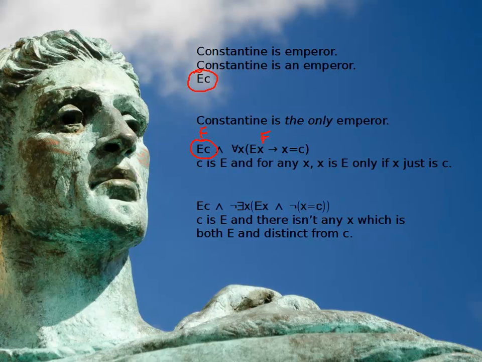If either one of those is false, then the whole "and" statement is false. So maybe he is an emperor, but there is a co-emperor at the time. Well, then it would be false that he's the only emperor, and the whole thing would be false. So, right, if we had this be true, but that be false, the whole statement would be false. So again, that's a way that you can see that more is being said in this second statement. There are two ways it can be false and not just one.